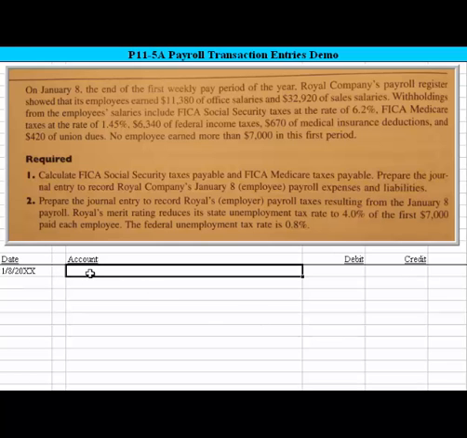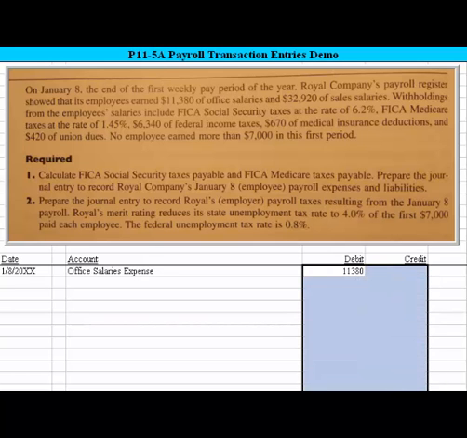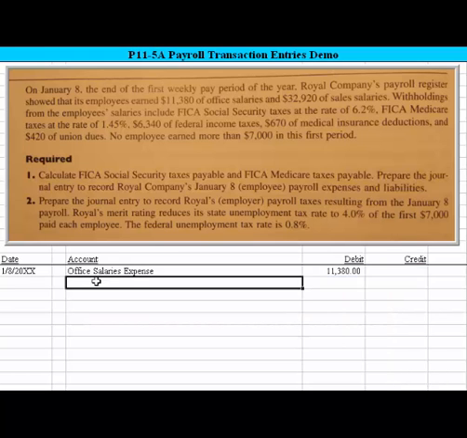Okay, now we know we had office salaries expense of $11,380. Let me format this in dollars and cents. We also had sales salaries, and that was equal to $32,920.